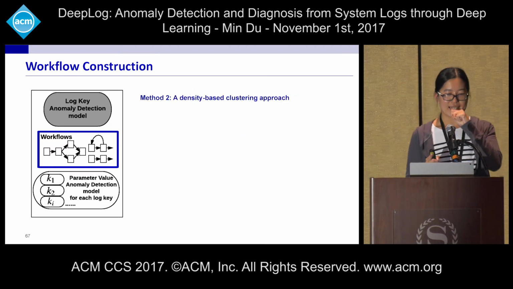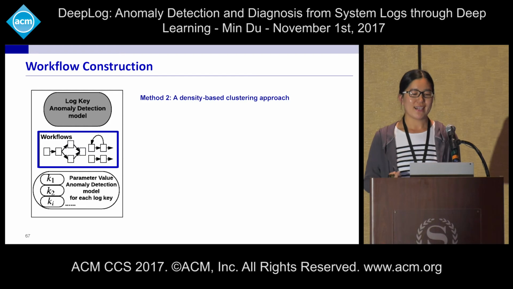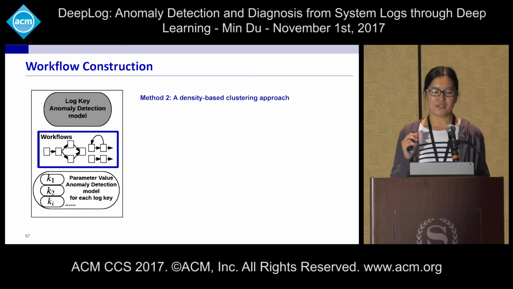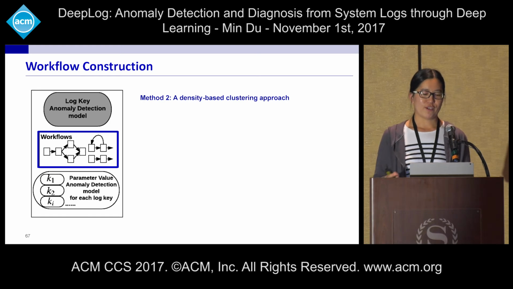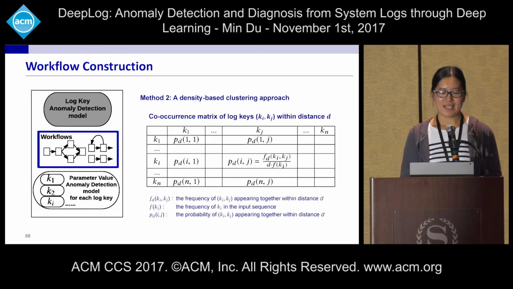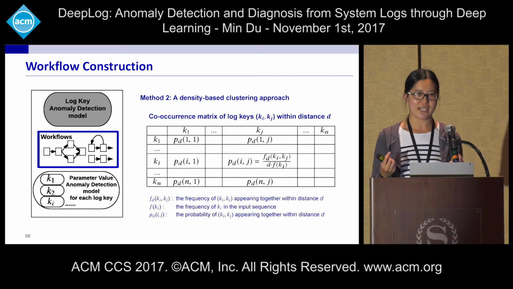And the second method is to use a density-based clustering approach. We designed this method because if your purpose is purely to build a workflow model from the normal log key sequence, you might not want to train an LSTM model to begin with. So we built this co-occurrence matrix of every two log keys appearing together within distance d.